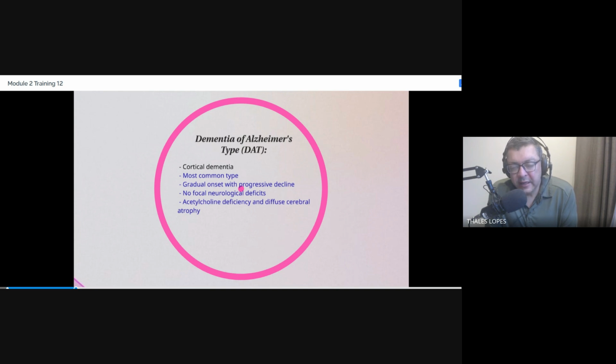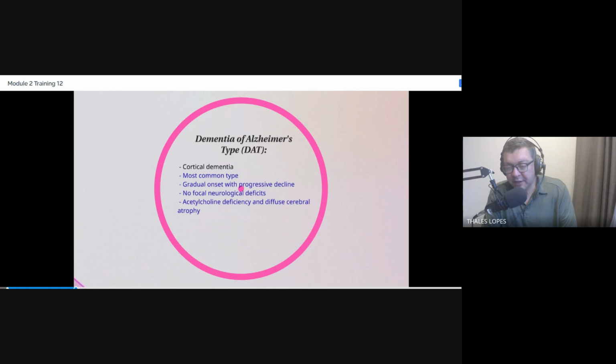Memory and language. Alzheimer's is the most common type of all dementia. It's so common that some people would call it dementia itself, or associate Alzheimer's as the only dementia case, which is not true, but a lot of the dementia falls under Alzheimer's.